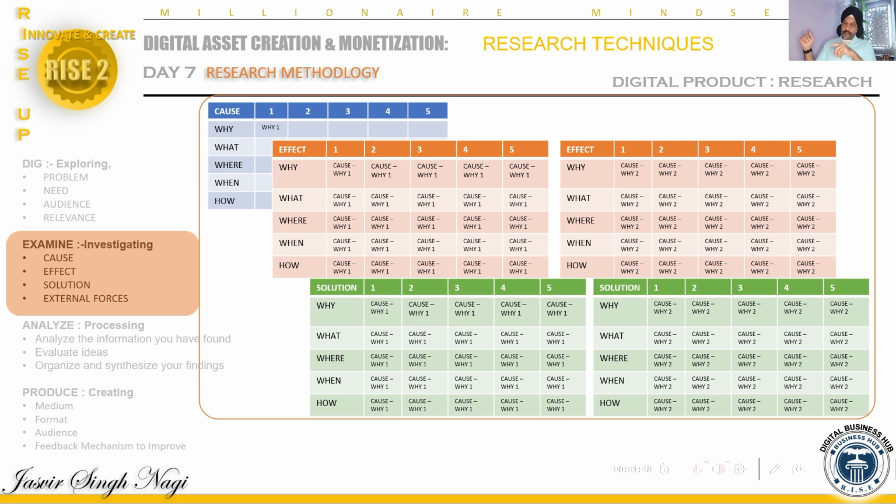I'll give you an example. Suppose you're writing a book on the pandemic and you want to know the cause. The first why becomes why it came to existence. So why 1 is: why did it come to existence? As simple as that. Now, there could be 5 causes for it.